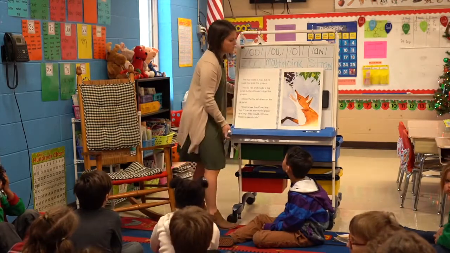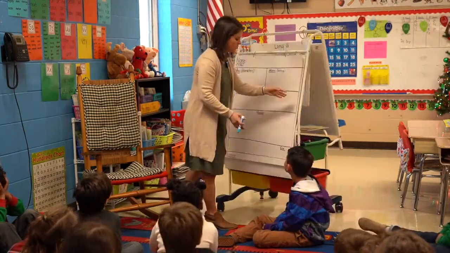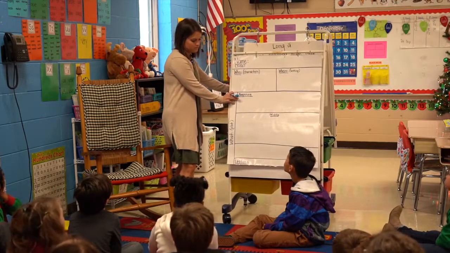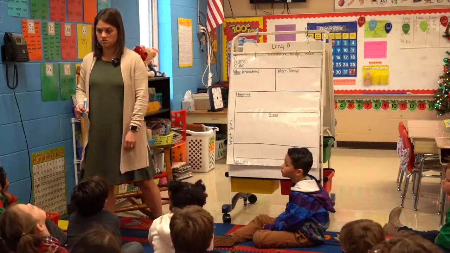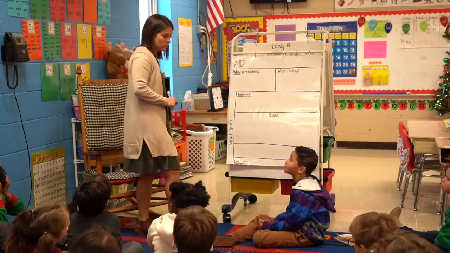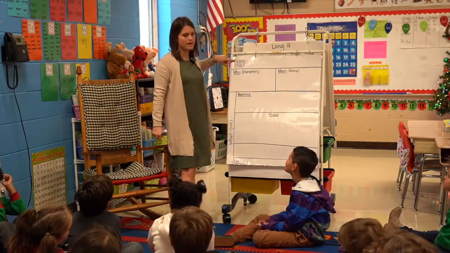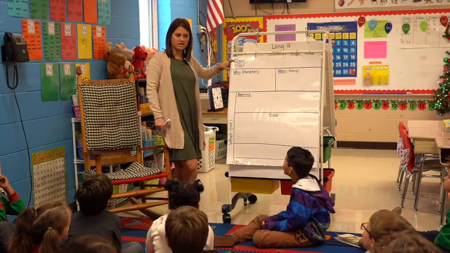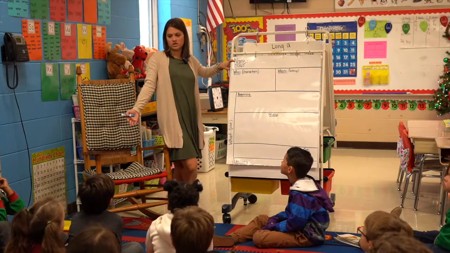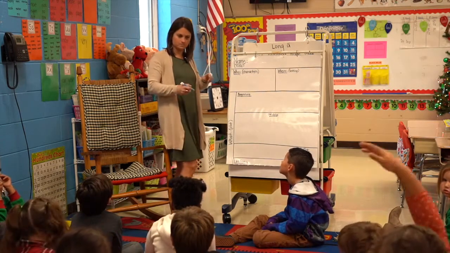All I'm going to do is flip my board around and we are going to put this in order. Are you ready? All right. Teachers, first thing that we have to do when we are looking at a story is to tell the what? The name. The title of the story. What's the title?